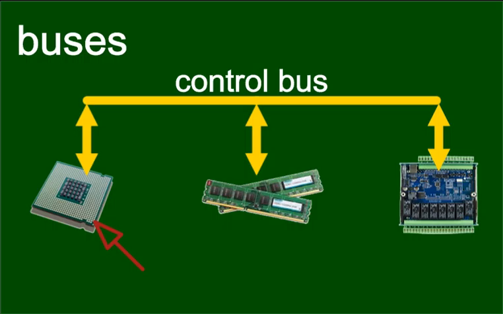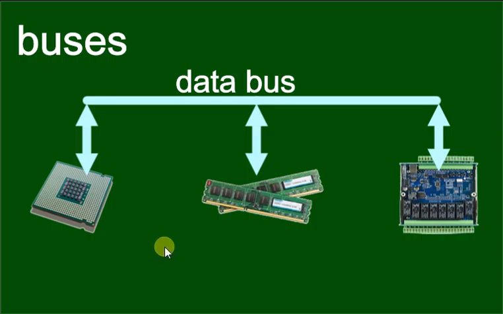So that's the first bus. So data must travel along that bus. There's control instructions. The second bus is the data bus. Now obviously, again, the processor needs to be able to receive data from memory. So we're going to get instructions from memory into the processor here.